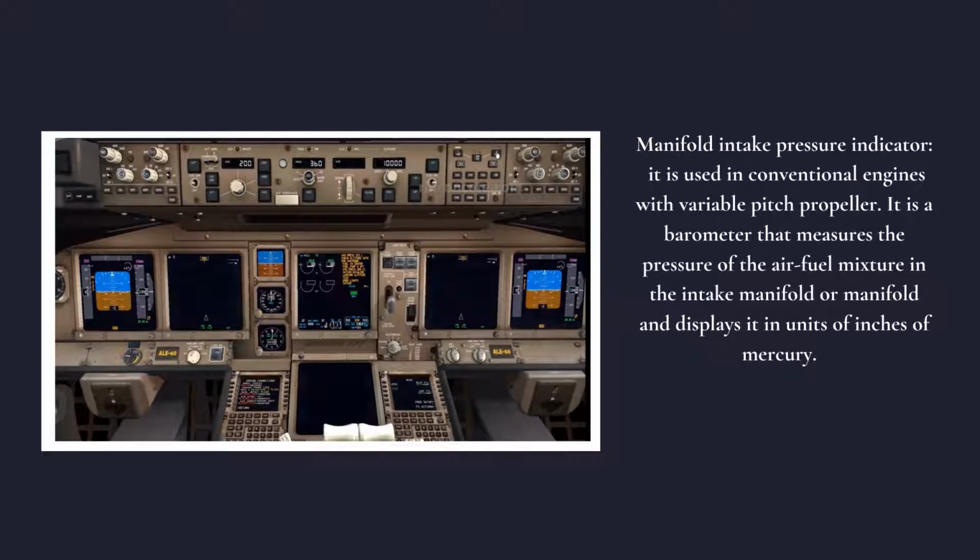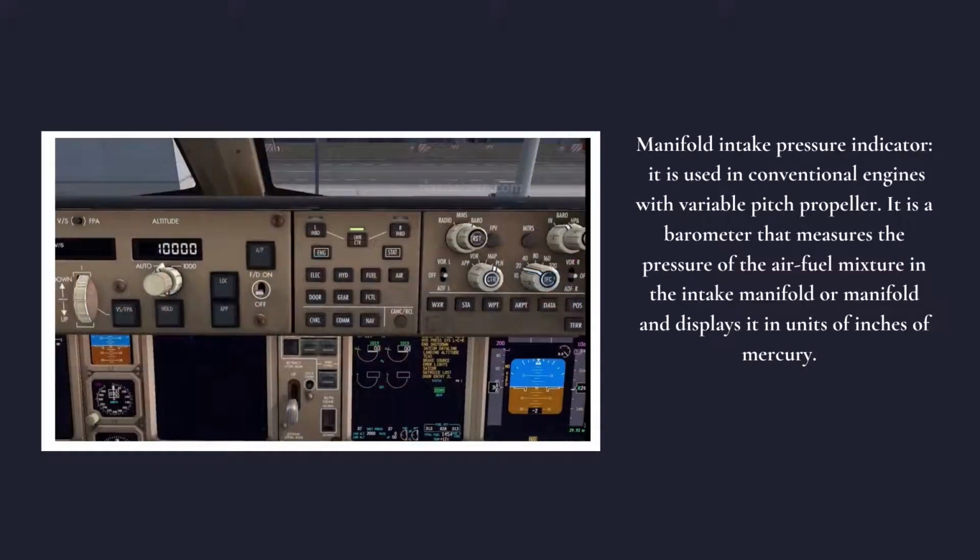The throttle controls power through the manifold or manifold's intake pressure, which is registered by the intake pressure gauge. The greater the gases opening, the higher the intake pressures, and therefore the greater the power developed by the engine.